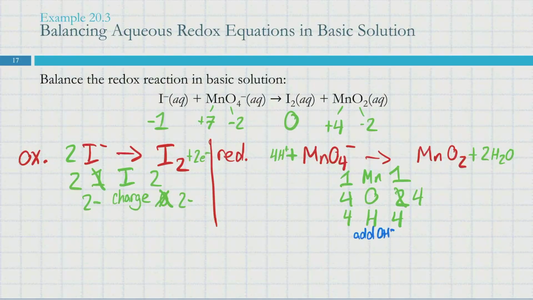Right, we have to add hydroxides to balance out our H pluses. We have 4 protons on the reactant side, so we need to add 4 hydroxides. We have to do the same thing to the other side, so that we don't mess up our mass balance.